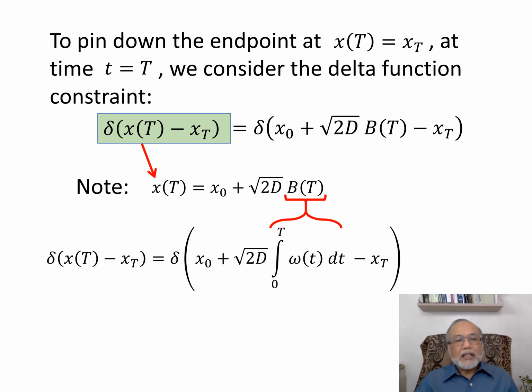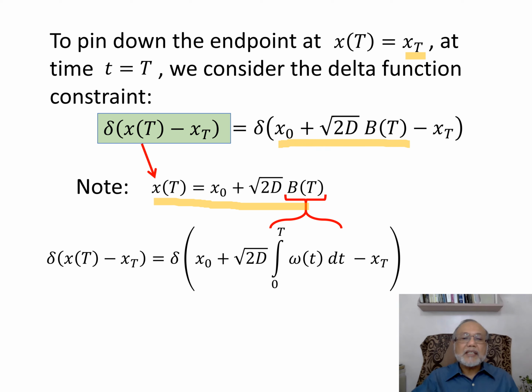To pin down the endpoint at some chosen point in space, say x sub T, at some final time t equal to capital T, we can do that by using this Dirac delta function, or Donsker delta function. This x of capital T can be written like this.